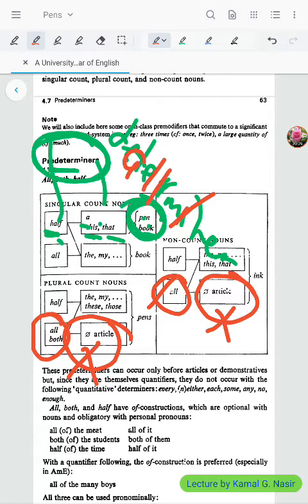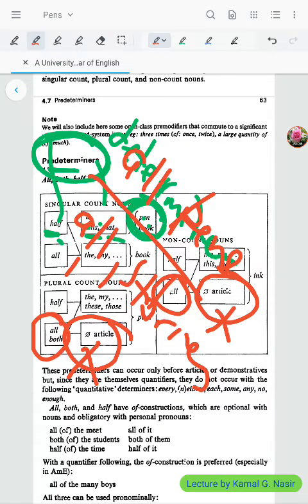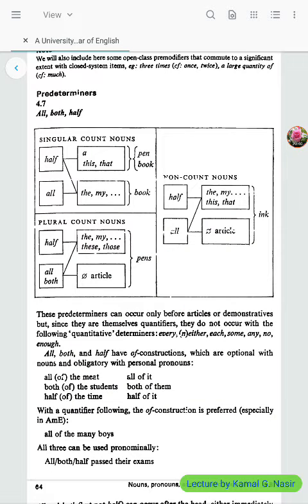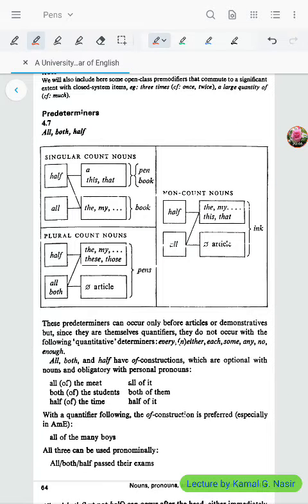We say all pens, all stories. It is not necessary to say all the stories. Okay. You see, all, both and half.